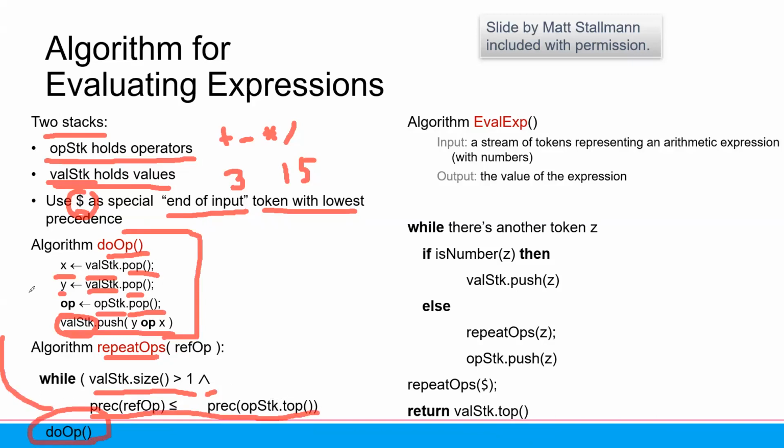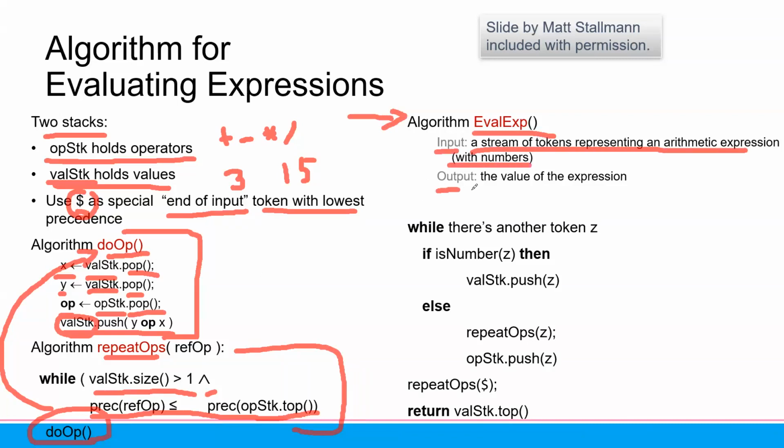It means we will do this function. So this is the repetition. We just want to check whether the operators follow the precedence rules or not. So we are going to use this evalExp. The input will be a stream of tokens representing an arithmetic expression with numbers, and the output will be the value or the result.